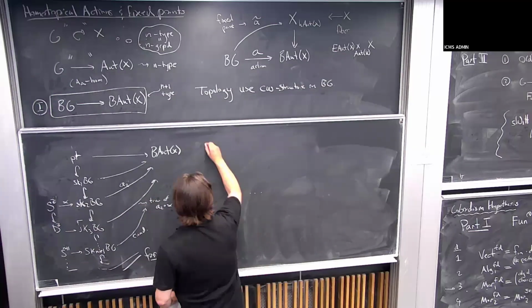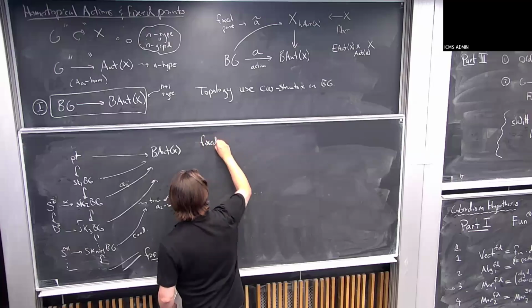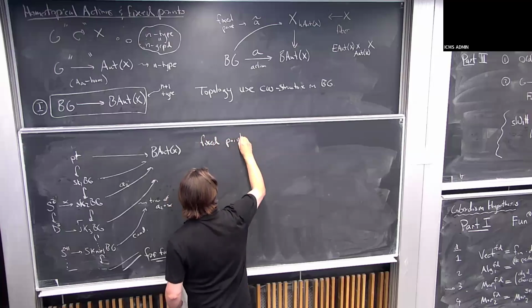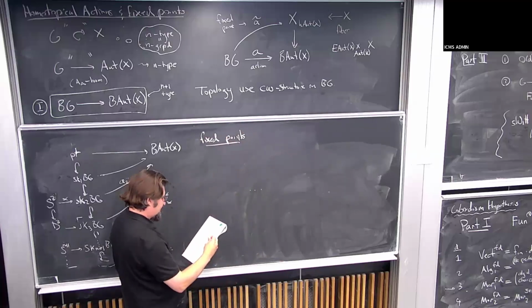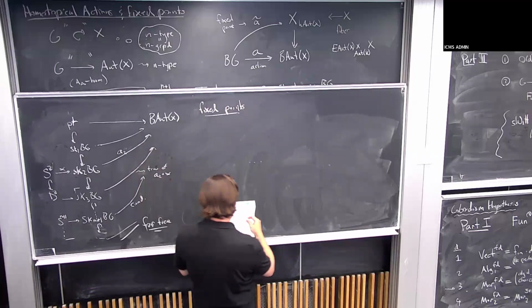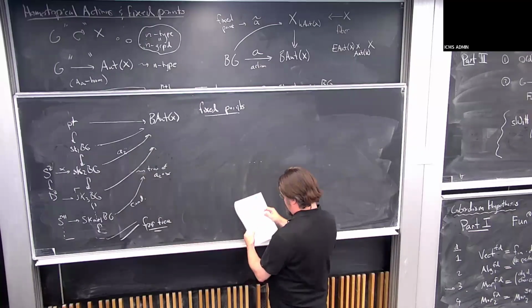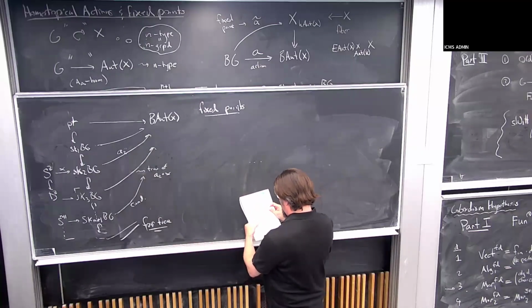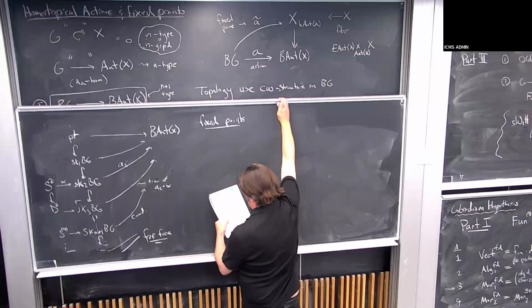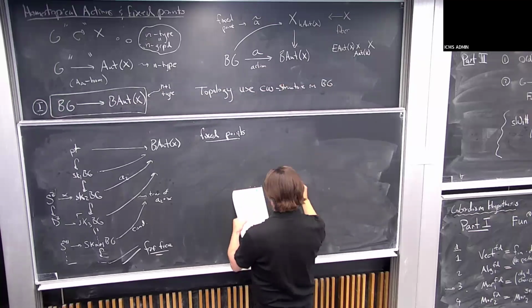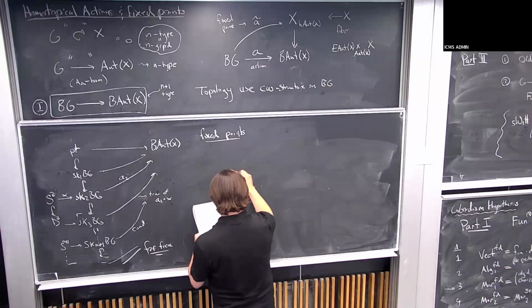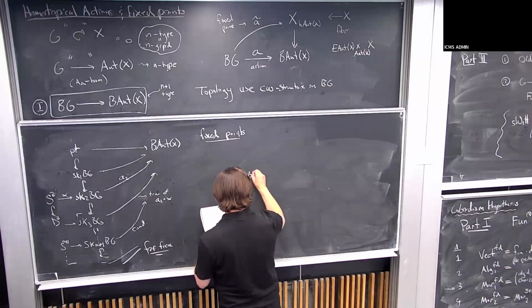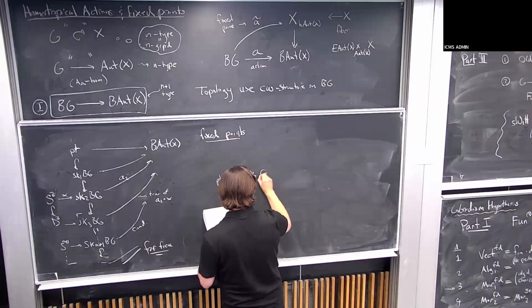And for fixed points, the story is very, very similar. Only now we have a kind of lifting problem. So maybe I'll write it sort of horizontally: a point contained in the one skeleton of BG.